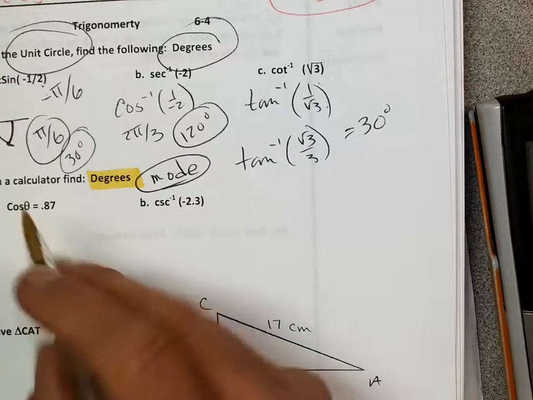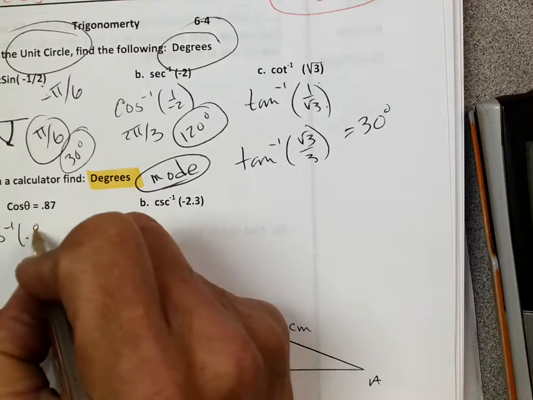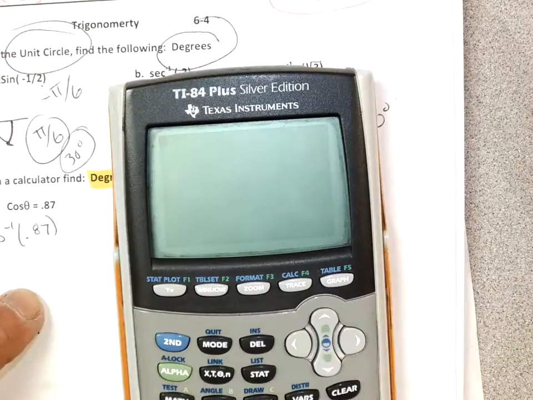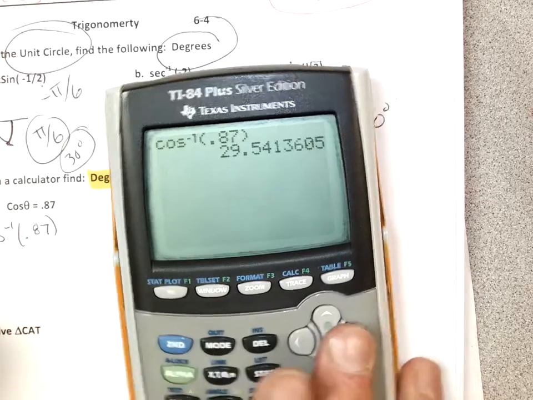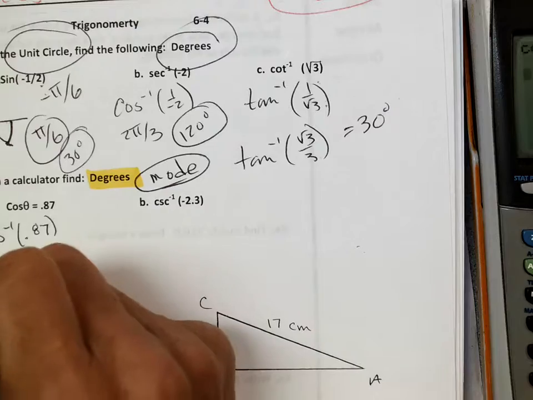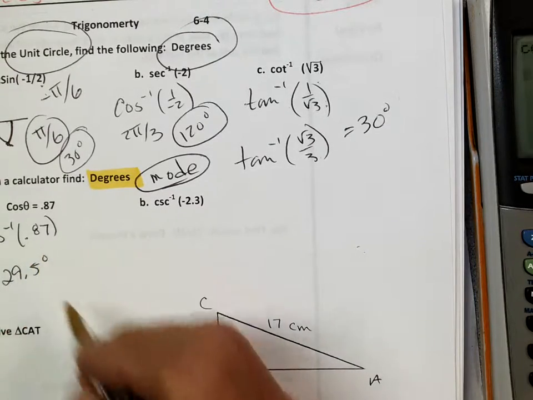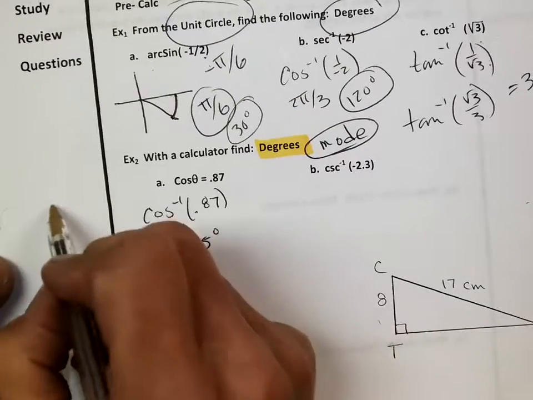Cosine of what angle? So I'm going to do the cosine inverse of 0.87, and I get an answer of about 29.5 degrees. So theta is equal to 29.5 degrees, right?